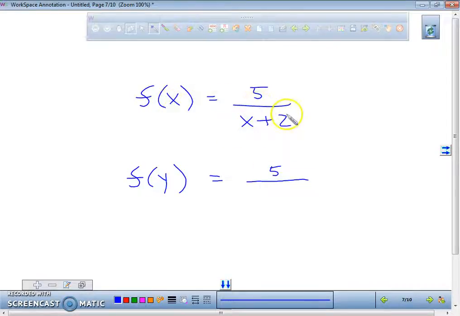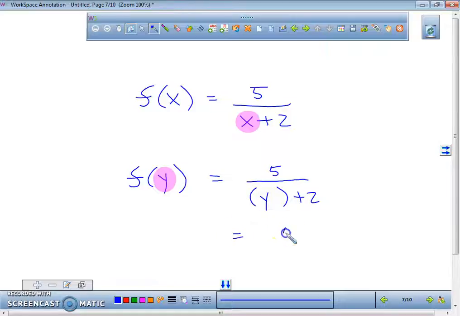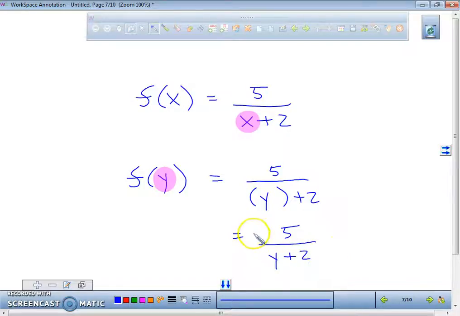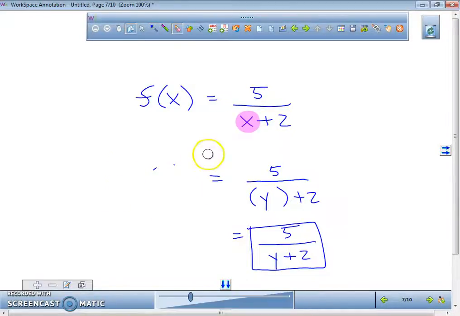If f of x equals this, and I said, what is f of y? What am I saying for you to plug in to the x? So your answer would simply be 5 over y plus 2. This would be your answer if I said evaluate f of y. If that doesn't make a whole lot of sense, that's okay. You can write that in your journal as an example. We'll do another one.